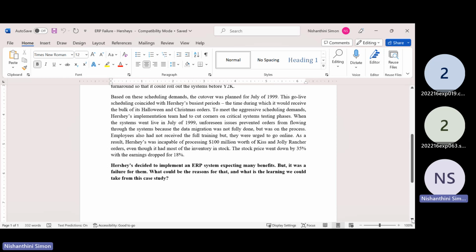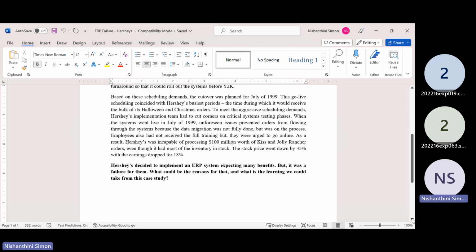They are not testing because they are using their own way. And how about that? Yeah, they tried to reduce the time they initially planned.